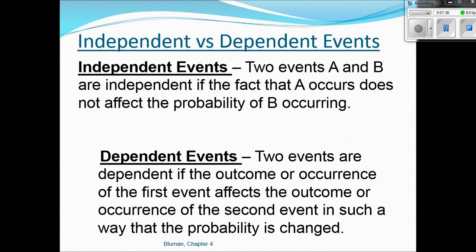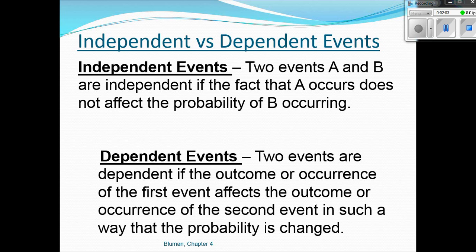Okay. So, independent versus dependent. Two events, we're going to call them A and B, are independent if the fact that A occurs does not affect the probability of B occurring. So, for instance, if you roll a die and pick a card out of a standard deck of cards, those are independent events.